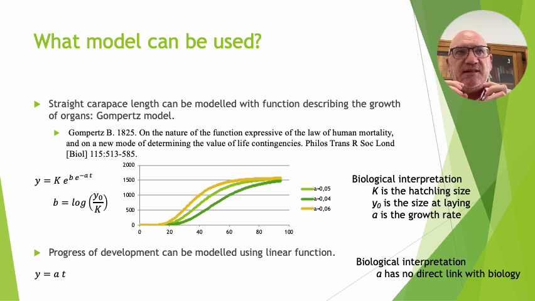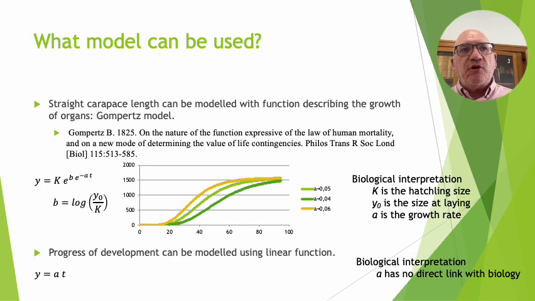The most important is what the parameters can say from a biological point of view. In this model, the parameters have a direct biological interpretation. K is the hatching size, Y0 is the size at laying time, or equivalent size for SCL, and A is the growth rate.